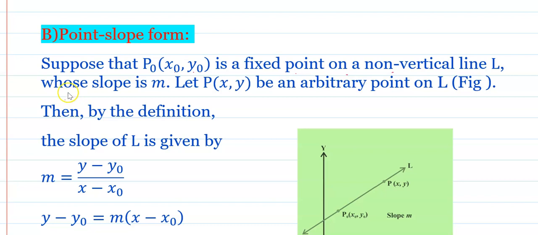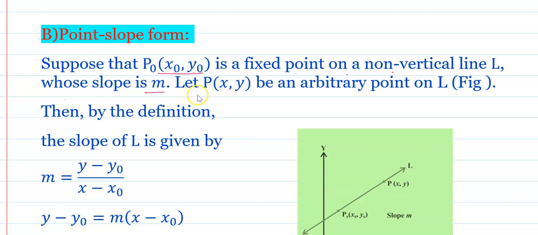Suppose its slope is m. The slope of the line is m, and (x0, y0) is the fixed point. We know that point, we know this slope, and we want to find out the equation of that line.